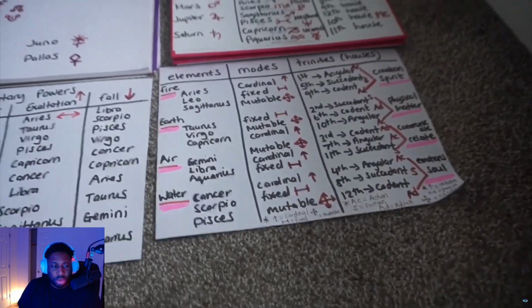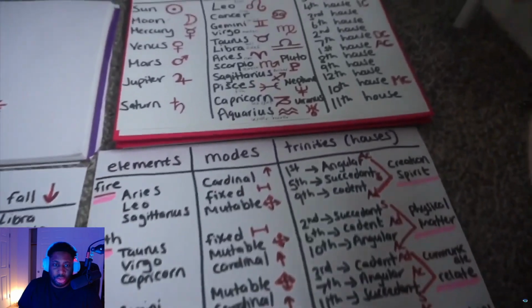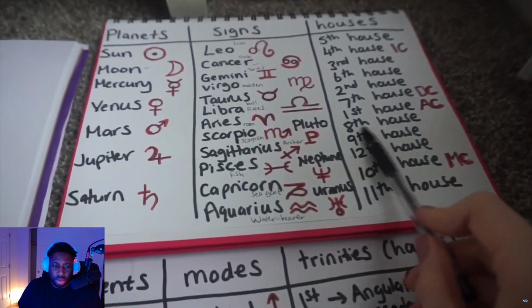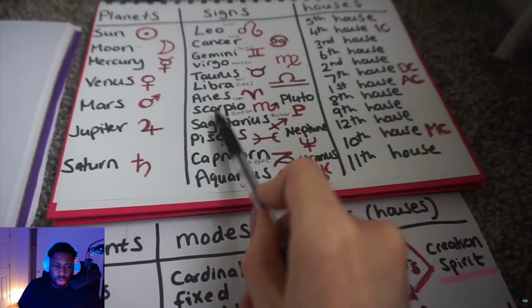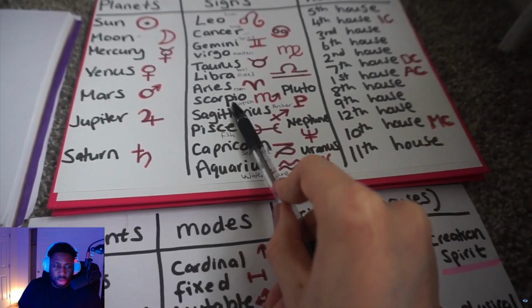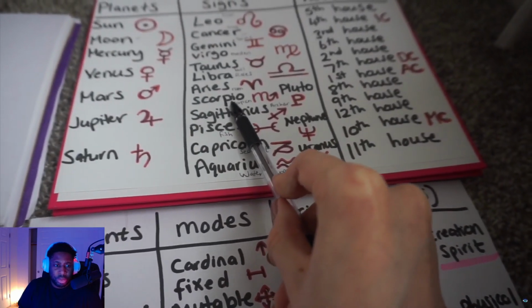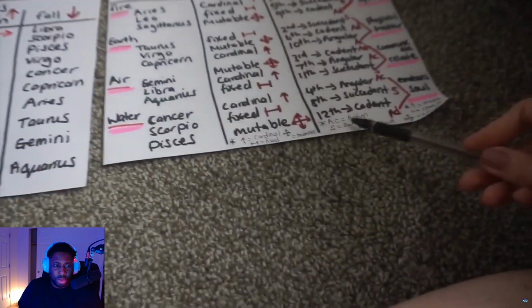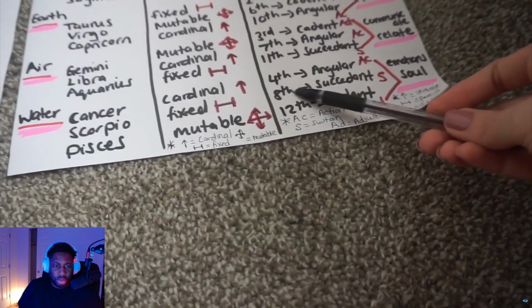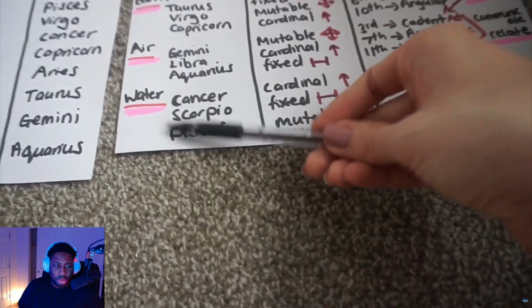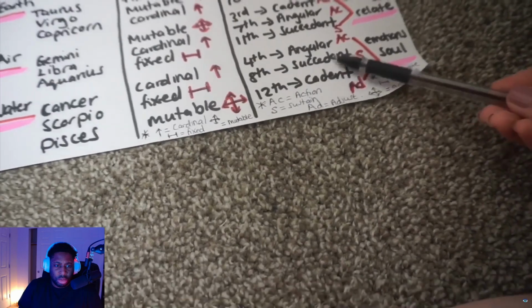If we look at this information again, we can see the 8th house is ruled by Scorpio in astrology, and going down here, the 8th house confirms it. It's ruled by Scorpio, and the 8th house is a succedent house.